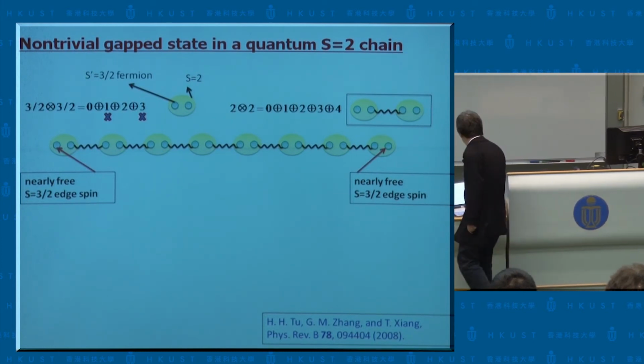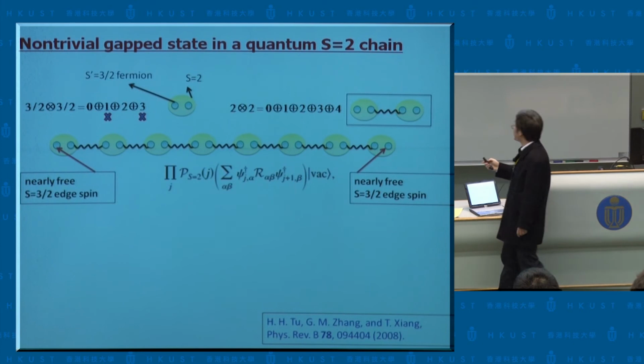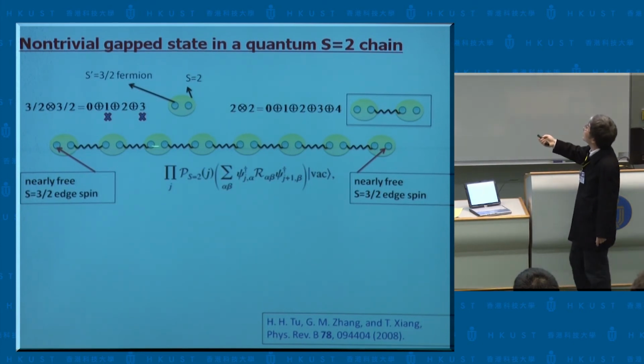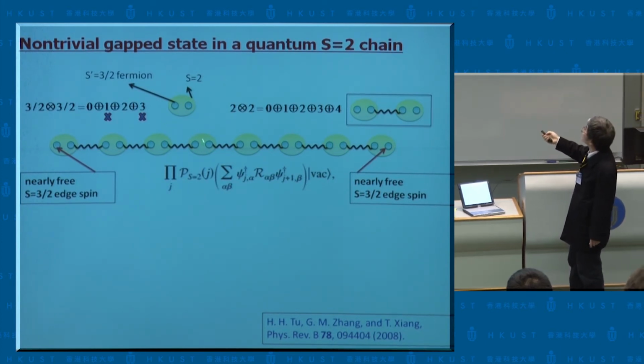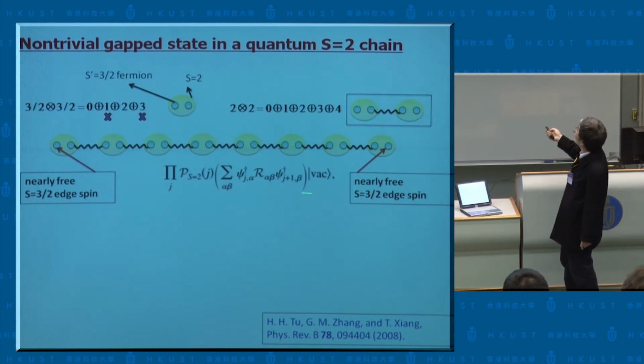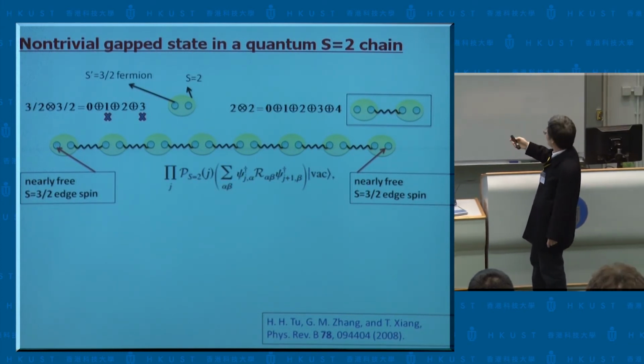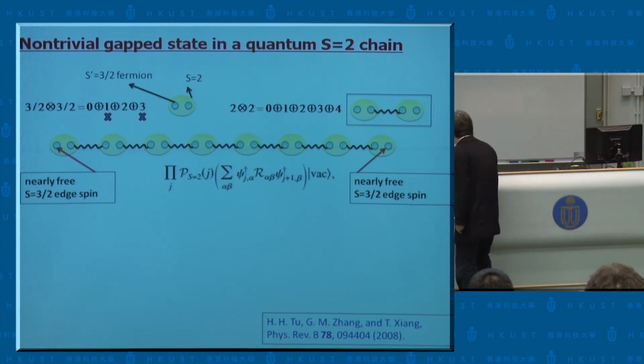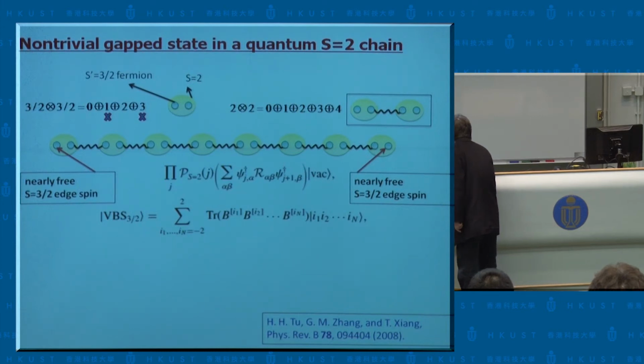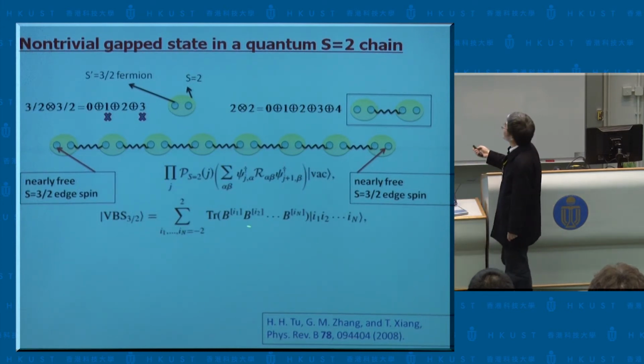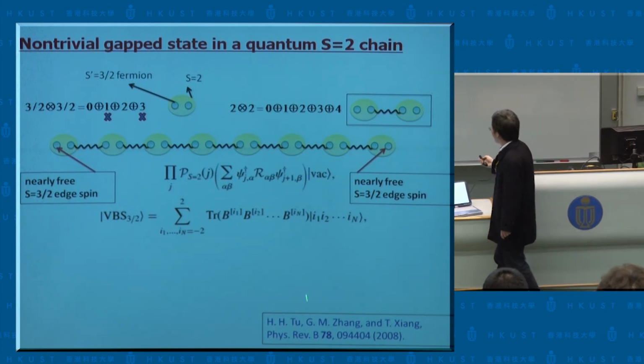So we project the total spin state onto spin 2 states, and the two spin 3/2 fermions on nearest neighbor sites form a singlet. We can write down the ground state wave function in this form, and it can also be represented as a matrix product state.